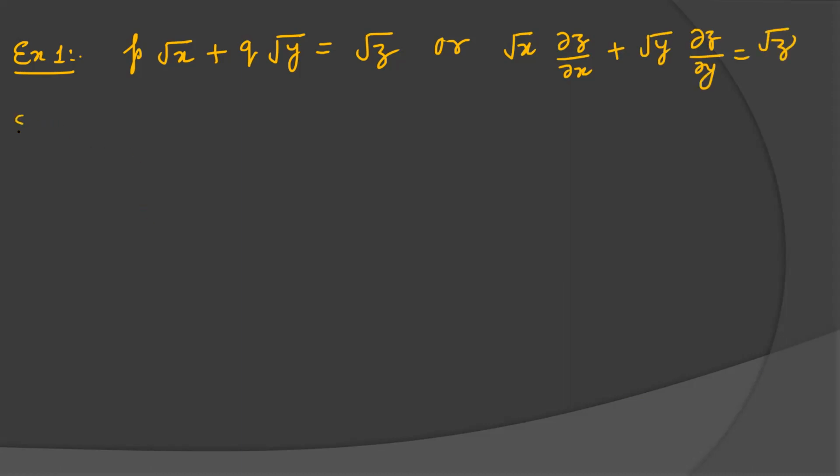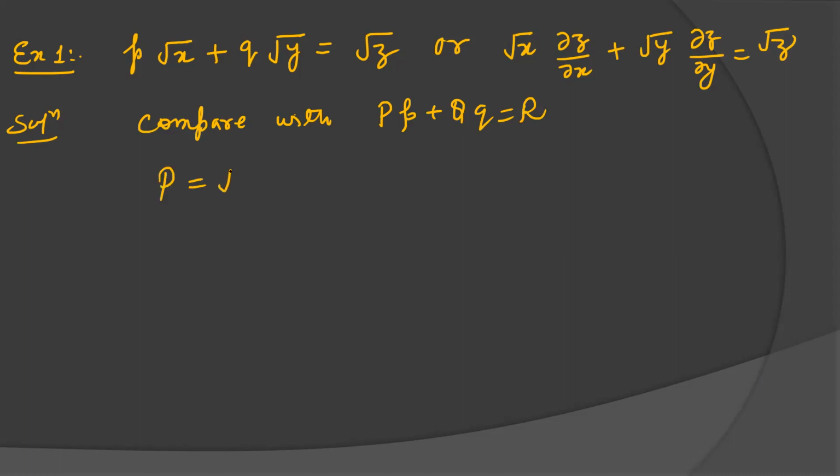We will compare with capital P p plus capital Q q equal to capital R. If you compare, capital P is root x, capital Q is root y, capital R is root z. And you can see that this is a quasi-linear PDE because R is a function of z here.